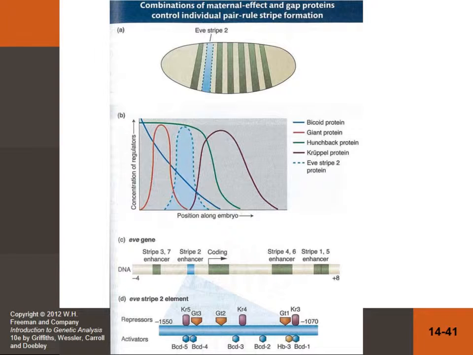So Eve stripe 2 is indicated with that dashed line. Now let's look at the levels of the different proteins. The green line indicates a very high level of the hunchback protein. In blue, a lower level of bicoid, and then lower levels again of giant protein and the Krüppel protein.